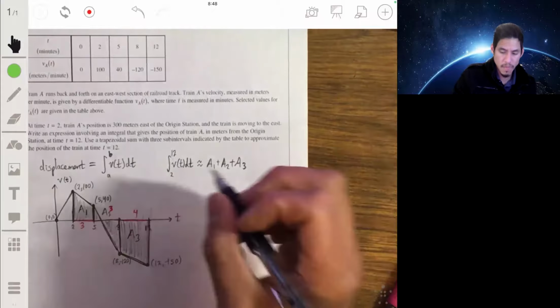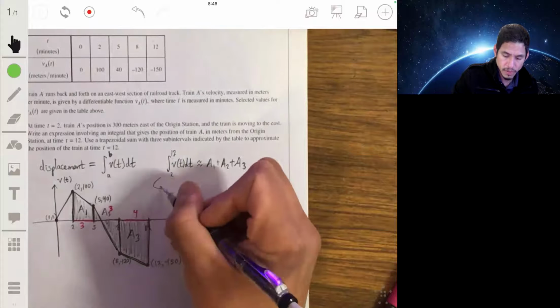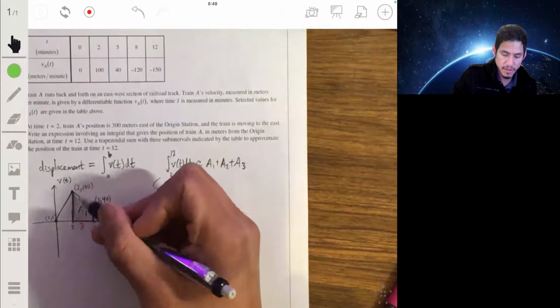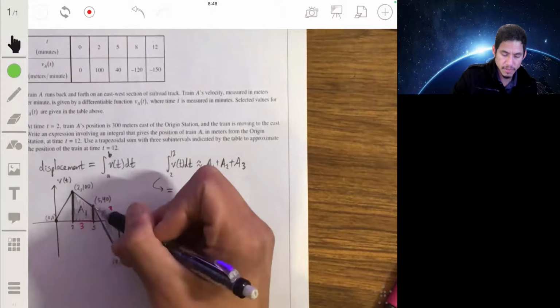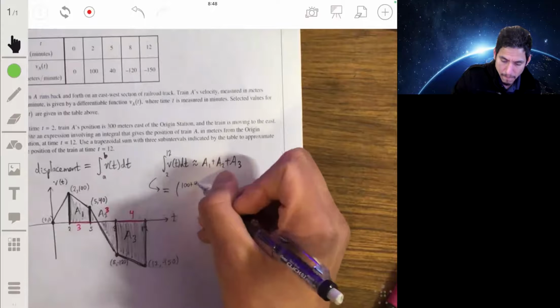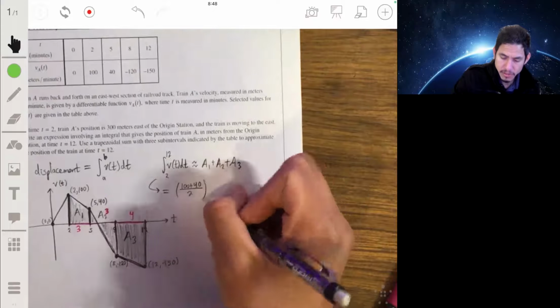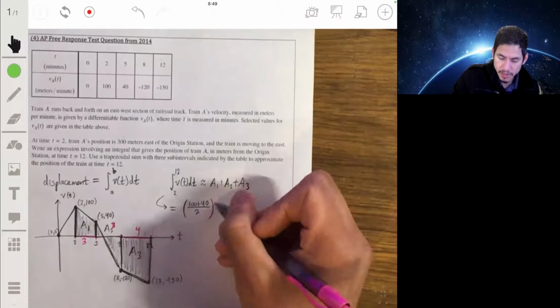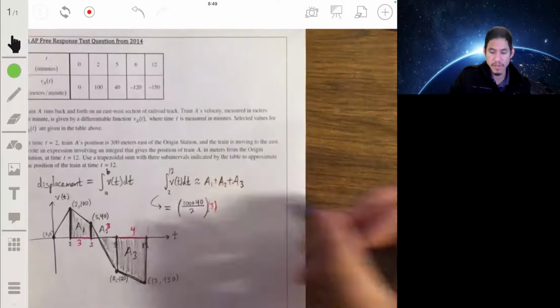So this will be equal to this length plus this length, so 100 plus 40, divided by 2, times the height of that trapezoid, which is 3.